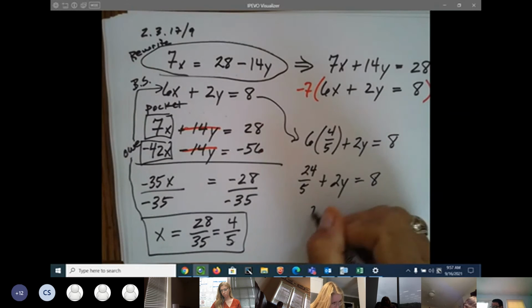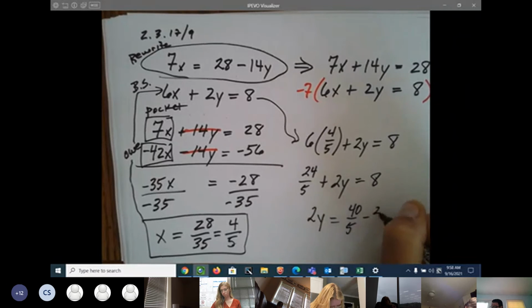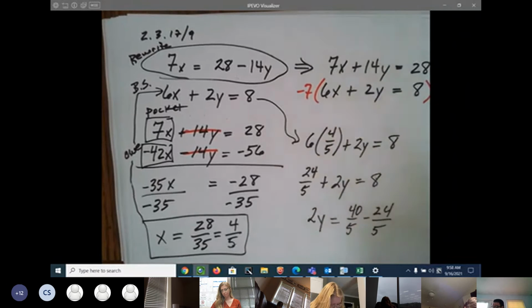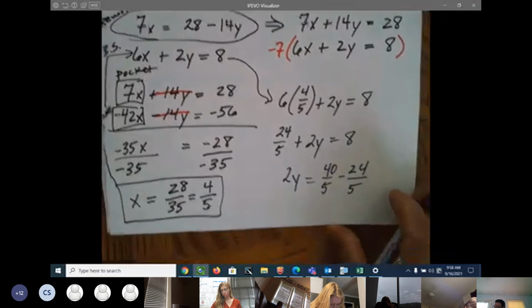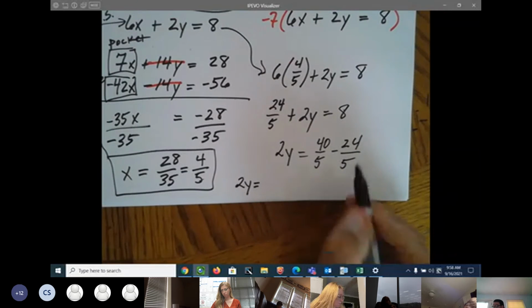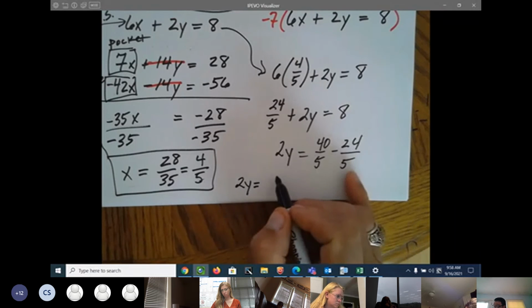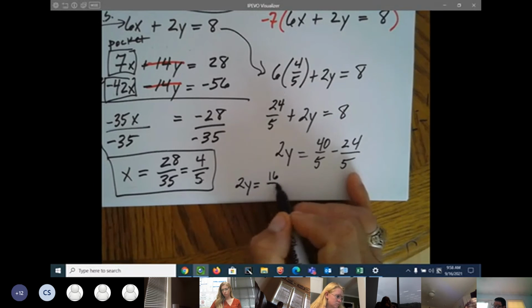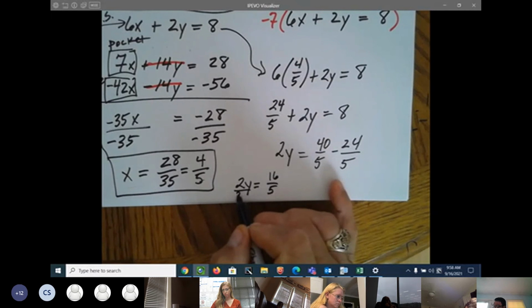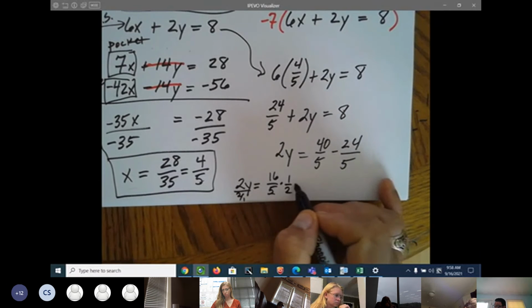And 2y is equal to 40/5 minus 24/5. And 2y is equal to 40 minus 24 is what? 16? I believe it is. Somebody check my math. 16 over 5. Divide by 2 over 1, which means you multiply by 1/2.